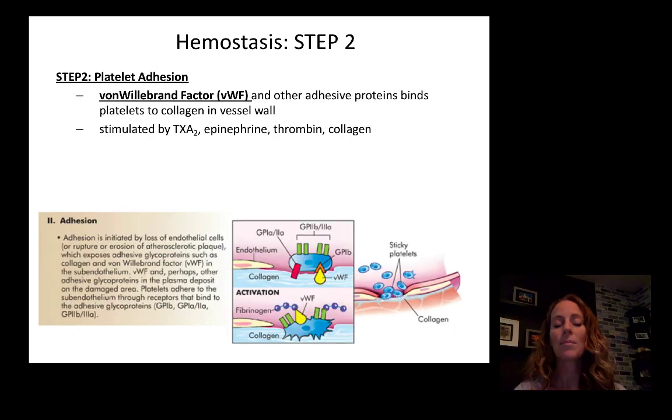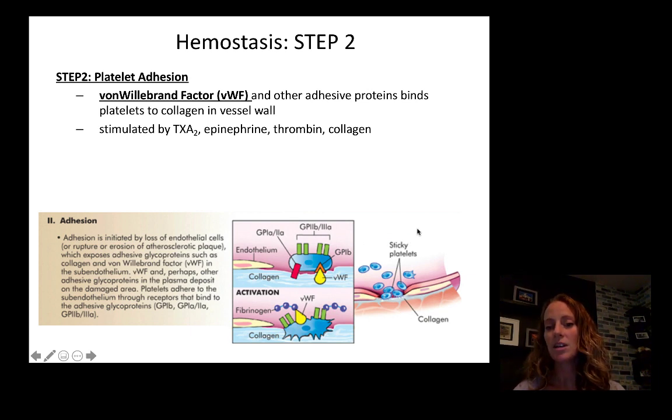The second step is platelet adhesion. Von Willebrand factor and other adhesive proteins bind the platelets to collagen in the vessel wall. This is stimulated by a number of factors, including thromboxane A2, epinephrine, thrombin, and collagen. Essentially, these platelets are becoming sticky, and they're sticking to the collagen wall.